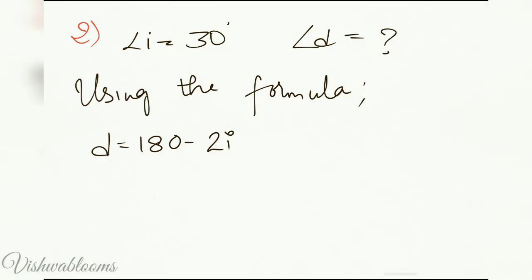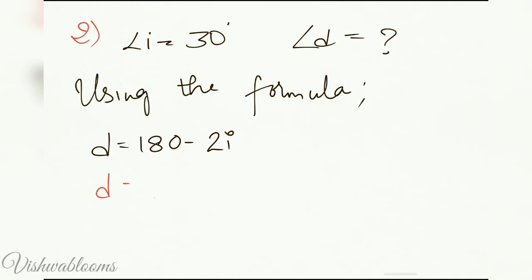Generally we have that formula, right? We have seen the derivation also. 180 minus 2i is the formula for finding the angle of deviation. Here i is nothing but the angle of incidence. So let's substitute in this.